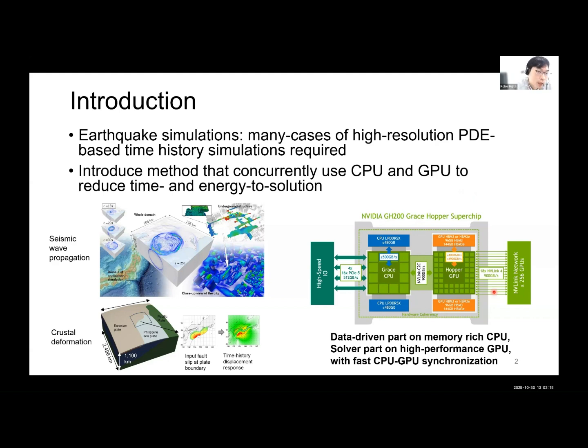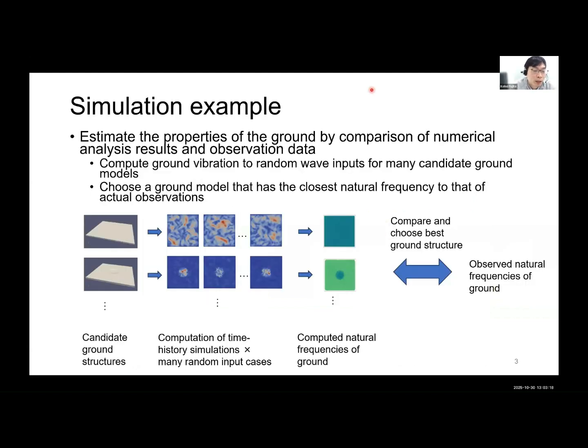Okay, so before showing the algorithm itself, I will show some simulation example and why we want to do this kind of simulation. One example is solving the underground structure based on the observation data. In earthquake simulation, we want to understand the underground structure, which affects the shaking of above ground structures.